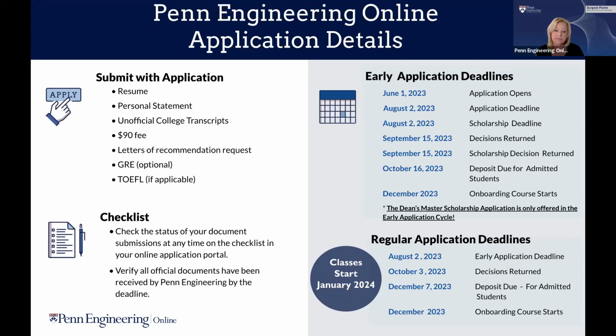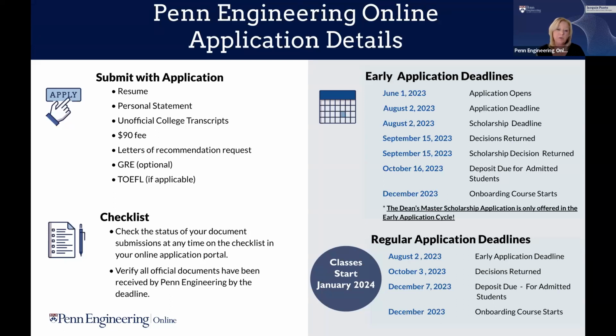We have a great website that identifies what's needed for all of this. If you go to our application advice page, we go into pretty big detail on everything that's needed. Our GRE is optional. The GRE is a tool if you need to prove quantitative ability. If you're applying to the MCIT program and you feel you don't have enough quantitative or math courses, you can submit that test score to help prove your quantitative ability.